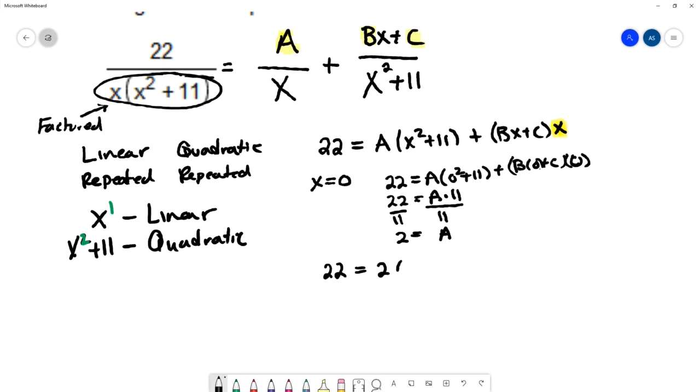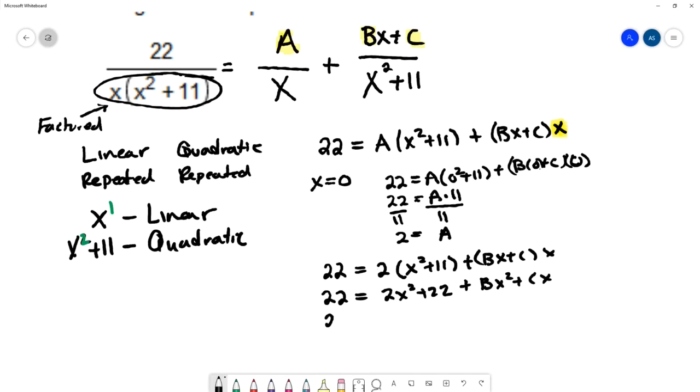We found it to be 2. What we want to do is use the distributive property and collect all of the like terms together. So this would give 2x squared plus 22 plus bx squared plus cx.